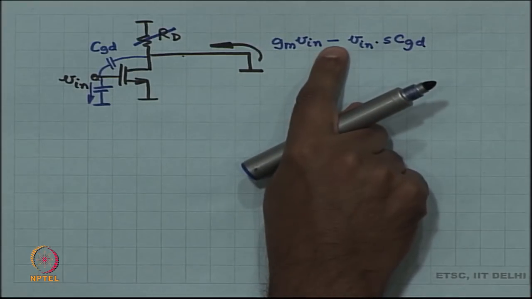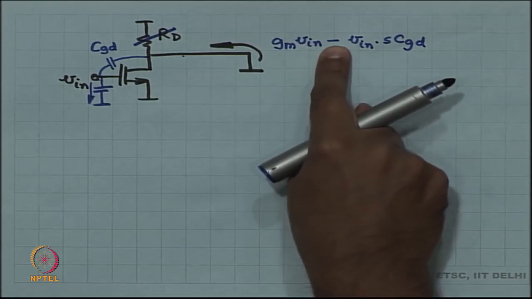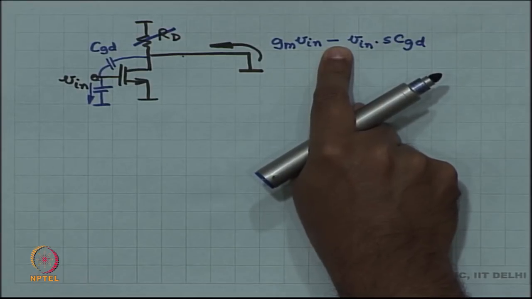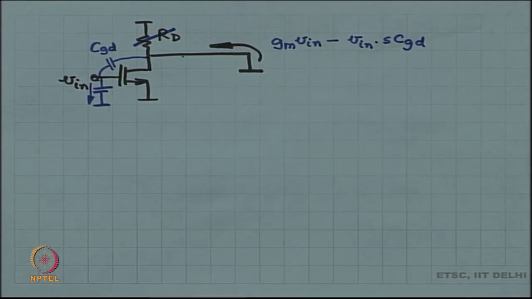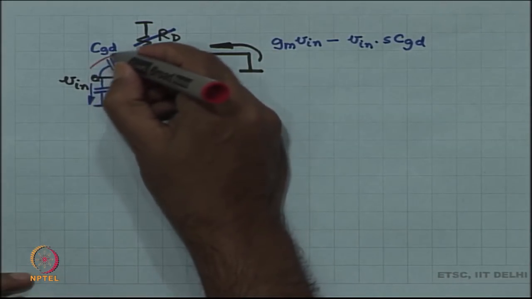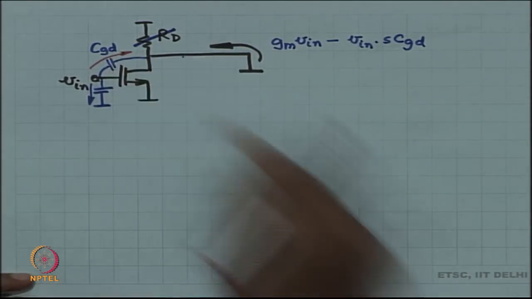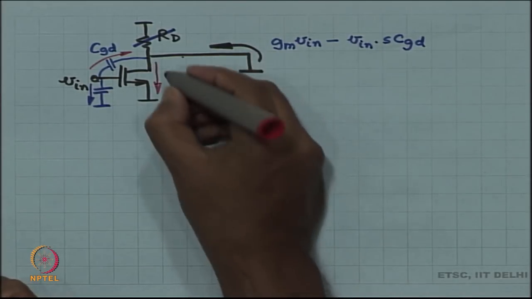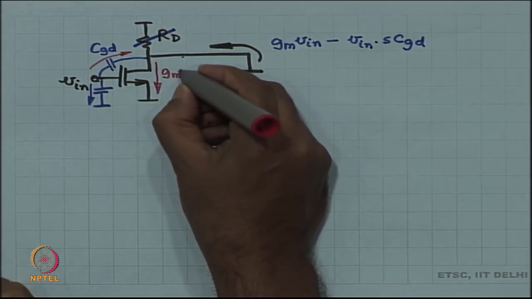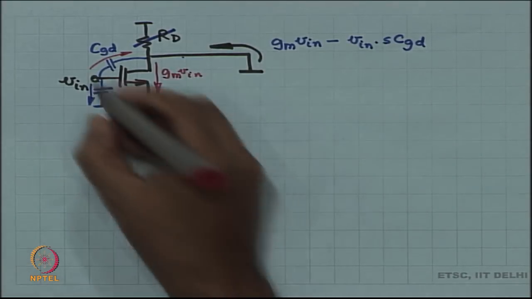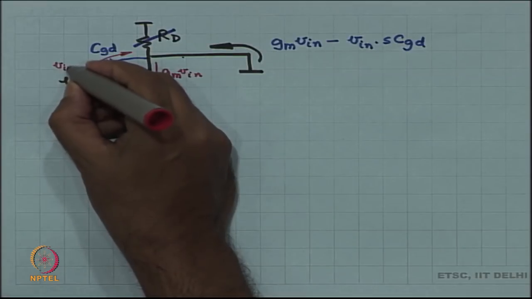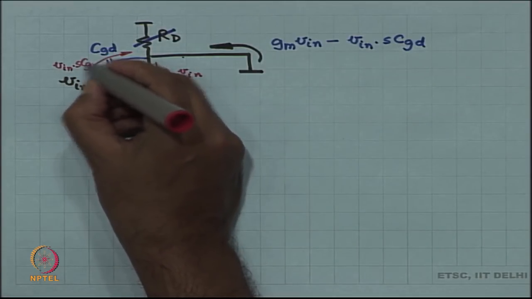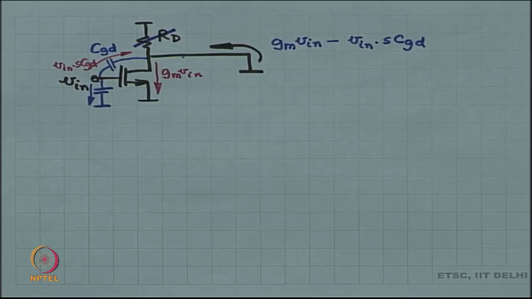And there is a minus sign over here. Beware, be very careful, check, double check the sign. What I have written is correct. This current is V in times SCGD. The current over here is Gm times V in. All right.